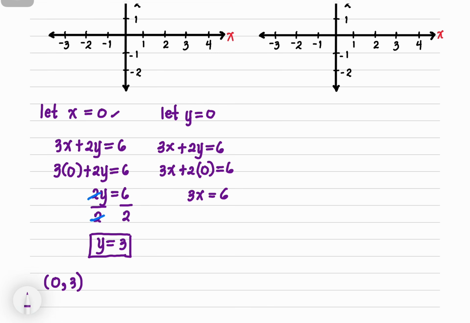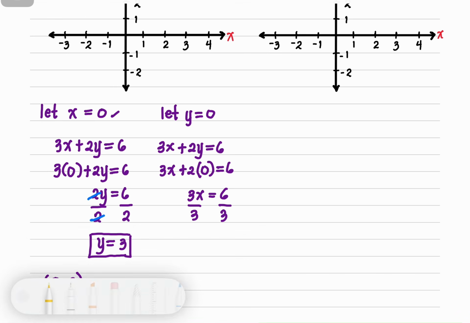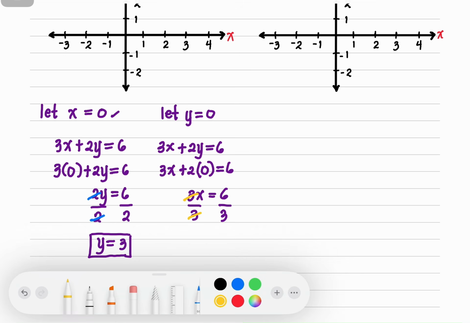Okay? And then, to solve for x, divide all terms by 3. Kasi 3 yung numerical coefficient ni variable x. So, kung ano yung katabi niya, doon natin siya i-divide. Okay? Naintindihan?